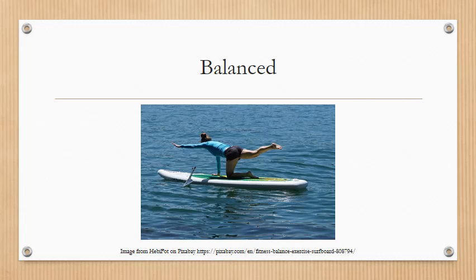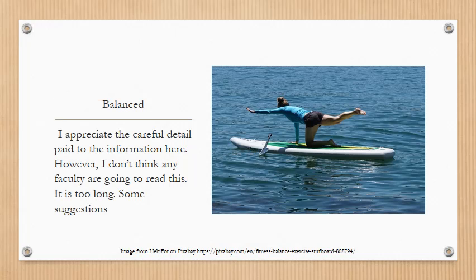The next element of a helpful recommendation is that the recommendation be balanced. You should point out the strengths as well as the weaknesses of the work. My husband has always talked about the idea of a compliment sandwich, where you say something nice and then you give the critical piece and then you wrap up with something nice. And so that's one way of thinking of a balanced recommendation.